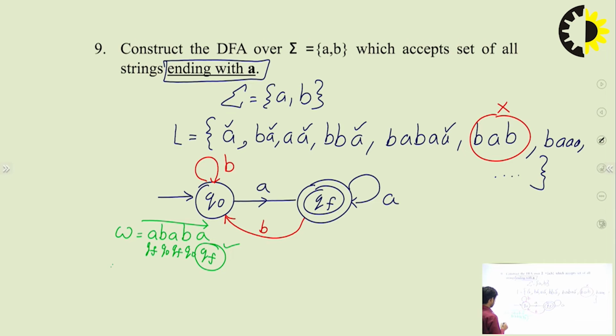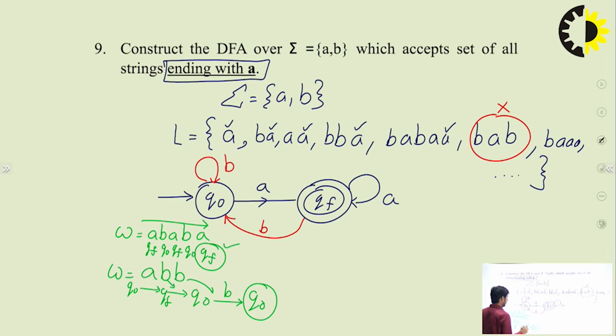Suppose take one more example. A B B. I am at Q node. On input A, I go to QF. QF on B goes to Q node, and Q node on B goes to Q node.